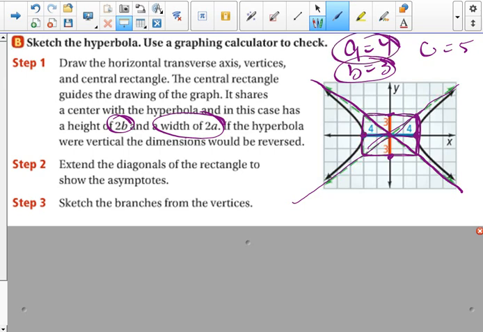So mark those, 4 and -4. And now draw your hyperbolas. So it's going to go down to the vertex and then swing back around. And same thing over here. In those X's, as it gets further and further out, it's going to get really close but never touch. So that's how you draw it. So like I said, if you can just get your A, B, and C, you've got everything you need.